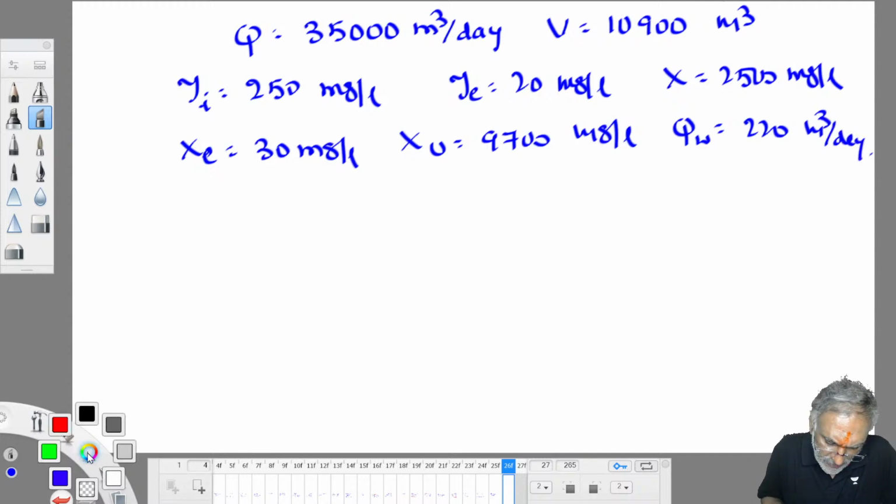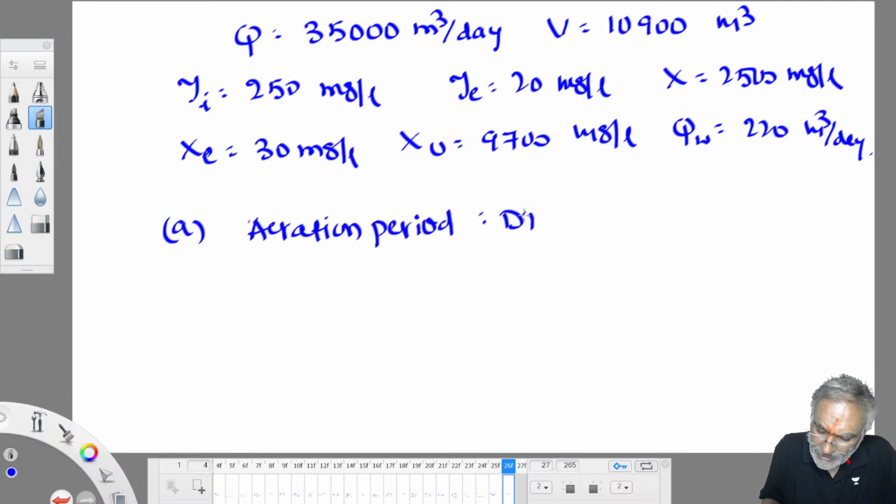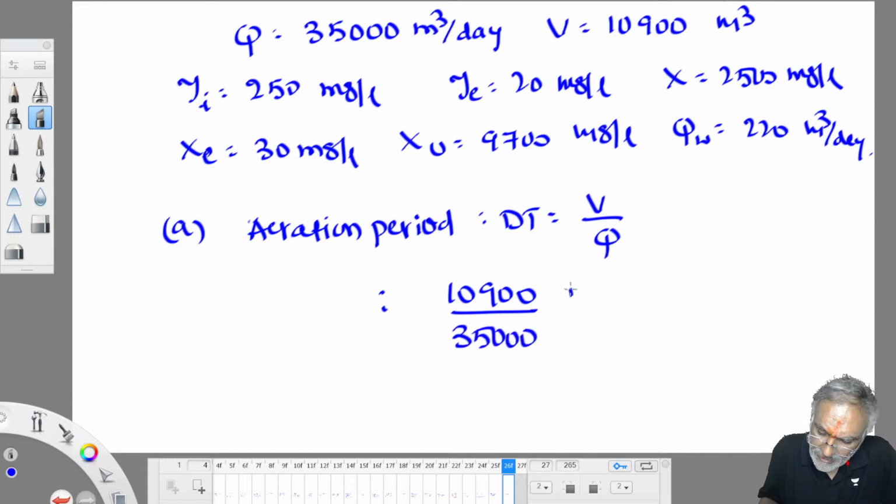Then you have been asked to find out the first question, the aeration period. The aeration period is nothing but the detention time. This is equal to volume by flow rate. So the volume is 10,900 and the flow rate is 35,000, meter cube by meter cube per day.